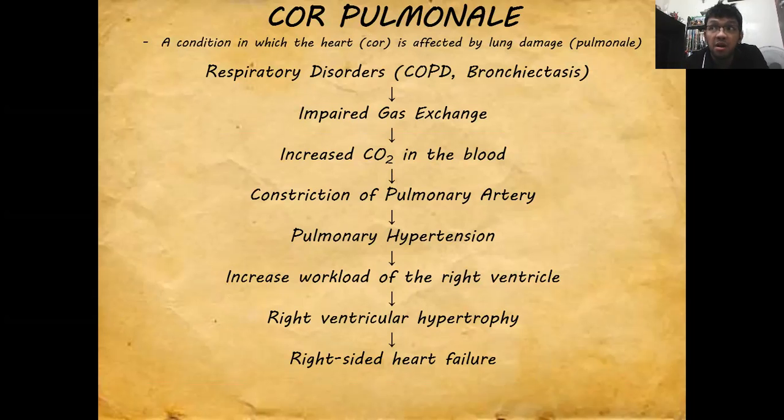But remember, hypertrophy of the myocardium is not normal. It is abnormal. Hypertrophy of the skeletal muscles is normal if you are working out. But for the myocardium, it is not. That will ultimately lead to now a right-sided heart failure. That is what cor pulmonale is all about.